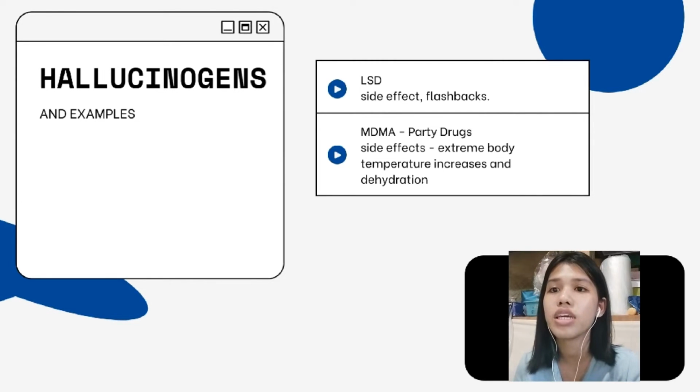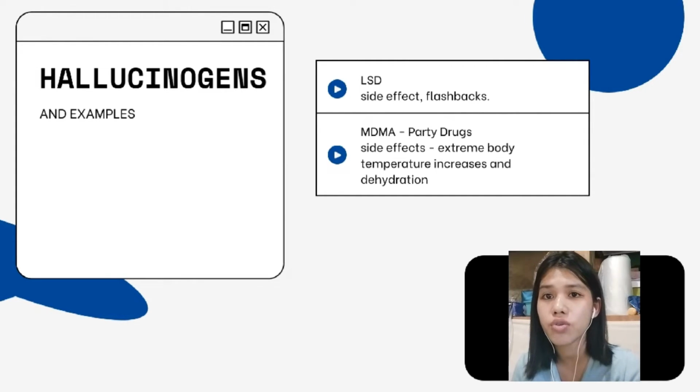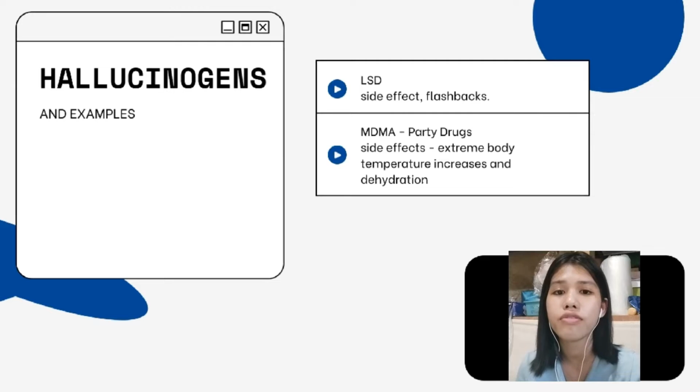LSD is a commonly abused hallucinogen. It has a very real risk of significant psychiatric side effects, particularly in people who use it frequently or in large doses. One particular side effect is flashbacks. It is known to occur years after the use of the drug, or after the user has stopped using the LSD.